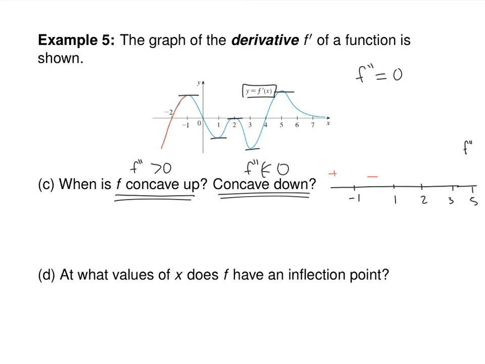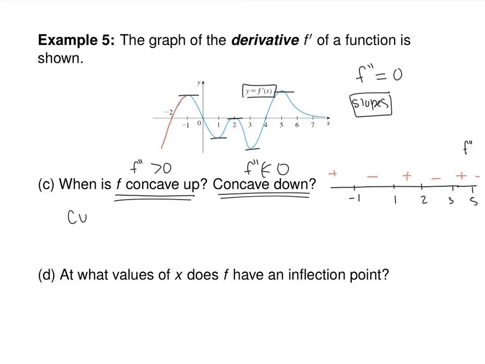And then 1 to 2 is the next place where it's positive. I get it. 2 to 3 will be negative, and 3 to 5 positive, and then 5 forever, negative. You're just looking at the slopes. Yep, because it's the derivative of the derivative, right? And the derivative is the slope. Good thing to point out. Look at the slopes.